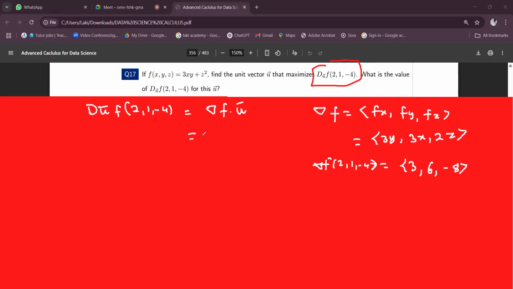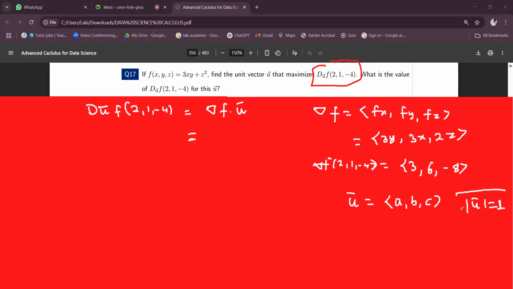So where's the unit vector here? Unit vector means what? Let's suppose this is a vector (a, b, c). If this is a unit vector, then its modulus is always 1.